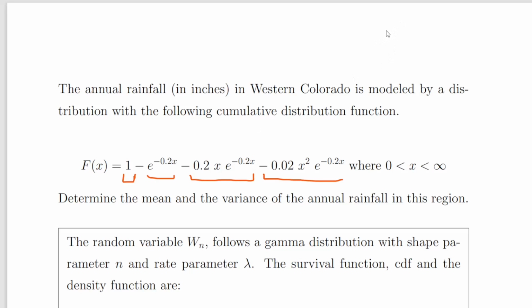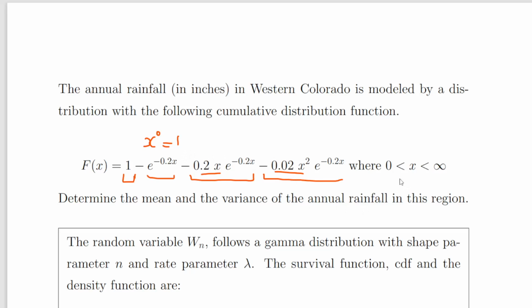What we also have are expressions in terms of x: 0.2x here and 0.02x squared here. You could say we have an expression in terms of x to the power of 0 in this first term, which is 1, so that would be consistent also.